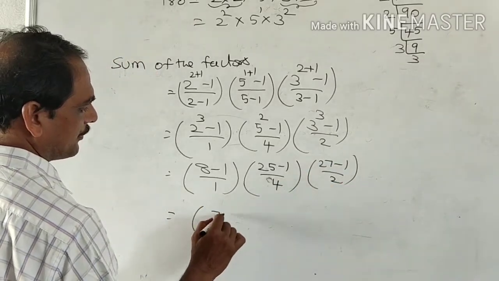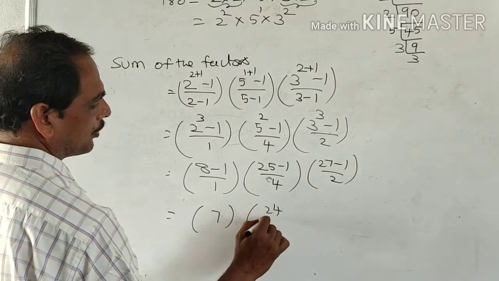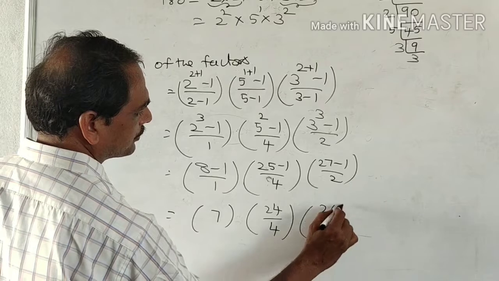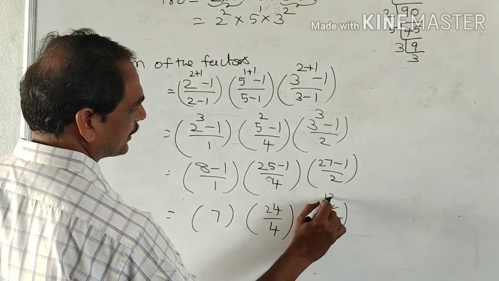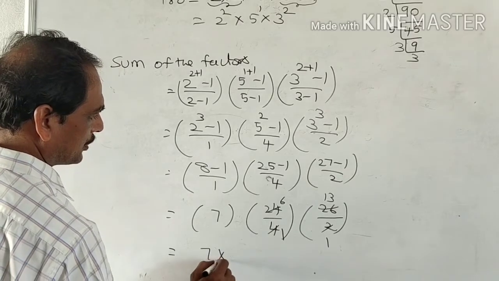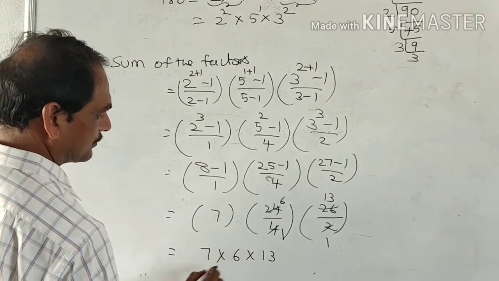So it is 7 into 24 by 4 into 26 by 2. 4 6s are 24, 2 13s are 26. So 7 into 6 into 13.